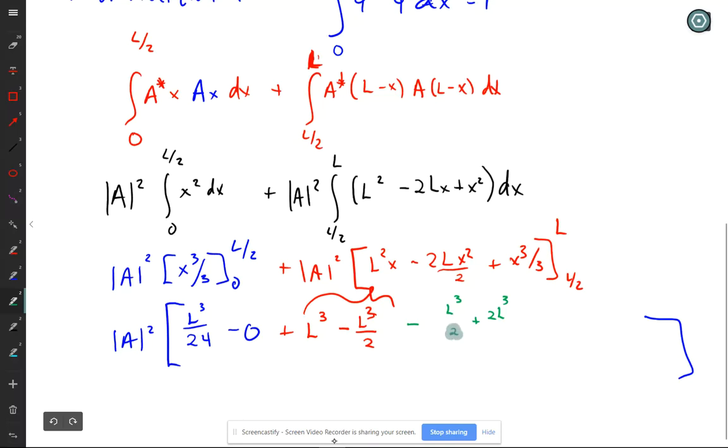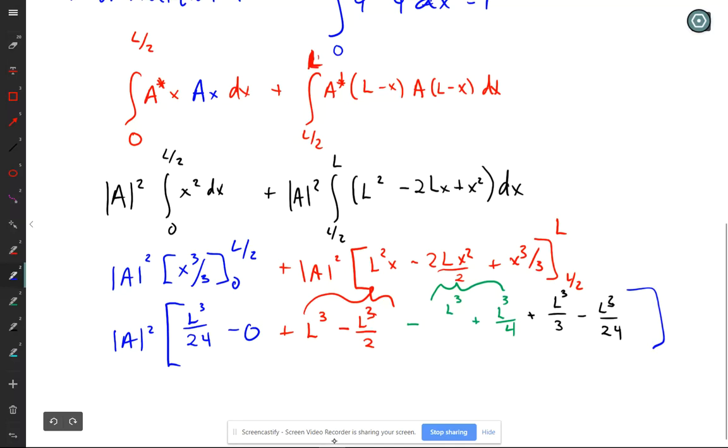That's ridiculous. Plus L cubed over 4. So these are that. And then finally, plus L cubed over 3 minus L cubed over 24. And I curved up as I was going across.